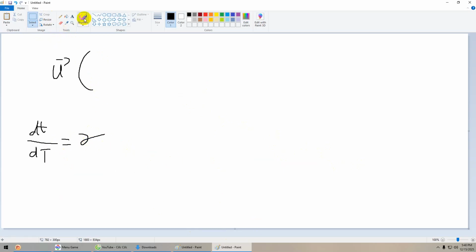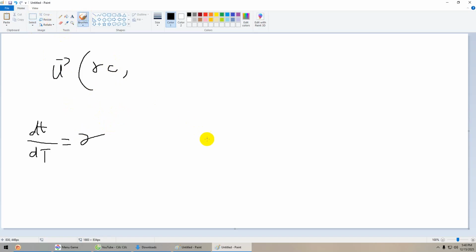Okay, so we can make an adjustment. We can move the speed of light into the time component first, because dt over dτ is just gamma, and earlier we used the speed of light in the gamma expression.